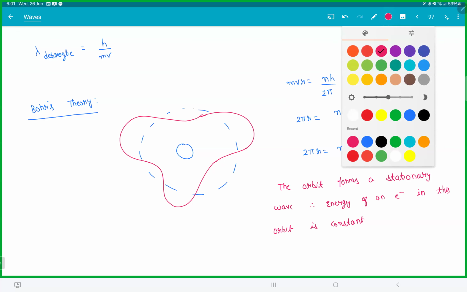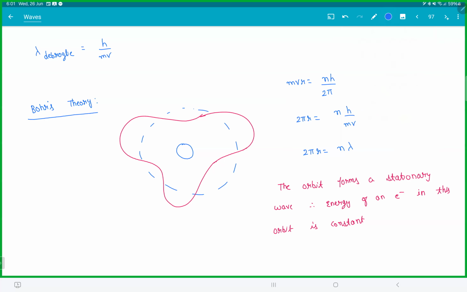Turn the page. So that is about energy of a stationary wave.